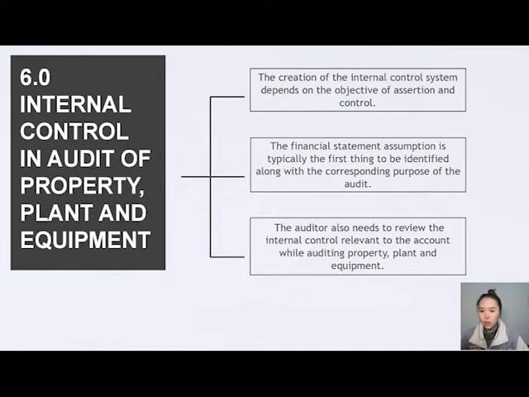The financial system assumption is typically the first thing to be identified along with the corresponding purpose of the audit. The auditor also needs to review the internal control related to the account while auditing property, plant, and equipment.